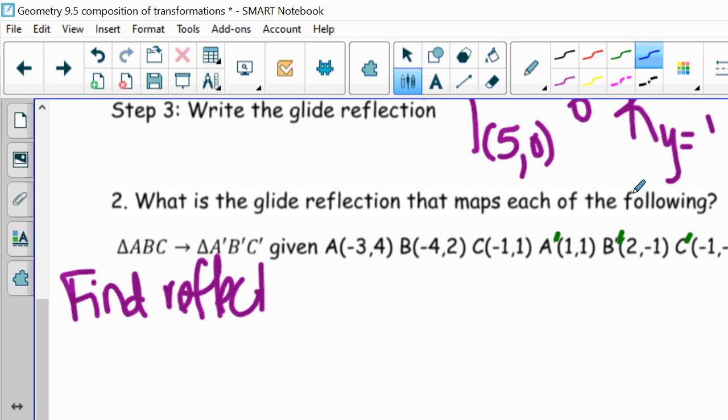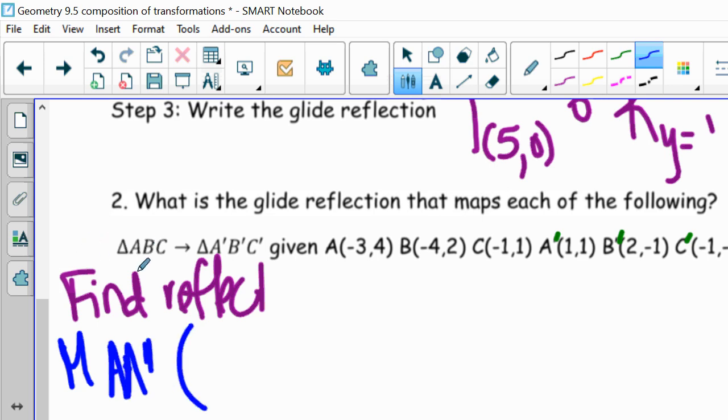So what I need to find out is what is the line that I'm reflecting over. I can tell that it is a vertical line. I just don't know which line it is right now. So again, I'm going to find the midpoint.